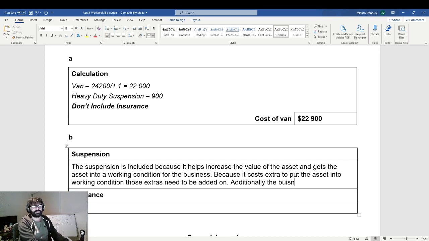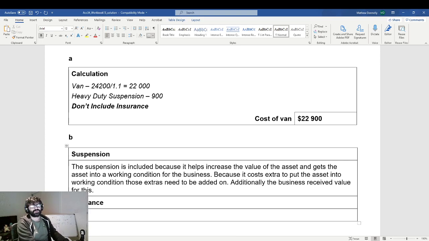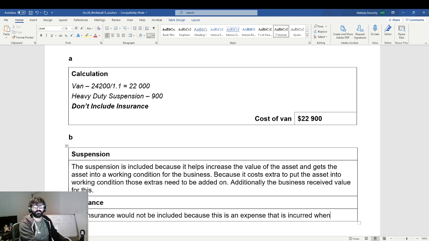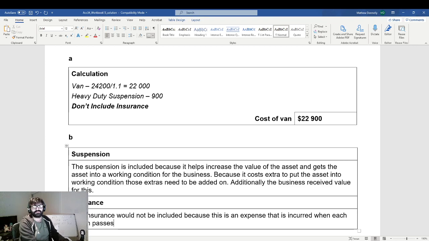Additionally, the business receives value for this. Now the insurance would not be included because this is an expense that is incurred when each month passes.